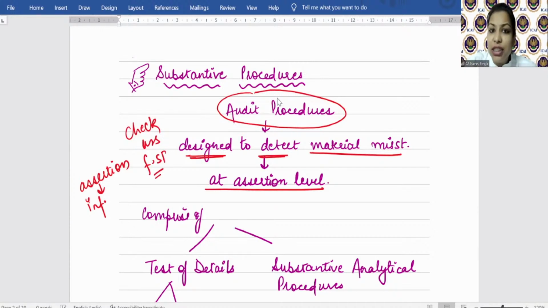Whatever assertions are there which are given by the management, the auditor will check all those assertions. How? By performing the audit procedures. So students, quickly tell me in very simple language, the audit procedures that are performed to check the financial statement information is what? Substantive procedure. Tell me, is it clear to all of you?